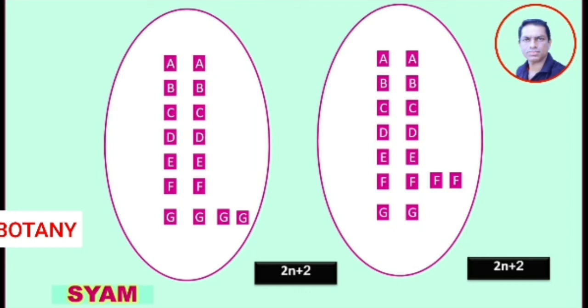Here two genomes are present, A B C D E F G, containing 7 chromosomes, and another genome A B C D E F G, 7 chromosomes contained in that genome. Again a pair of chromosomes, G G in the first picture or F F chromosomes in the second picture. So instead of a bivalent at one place, a quadrivalent is formed, G G G G or F F F F.